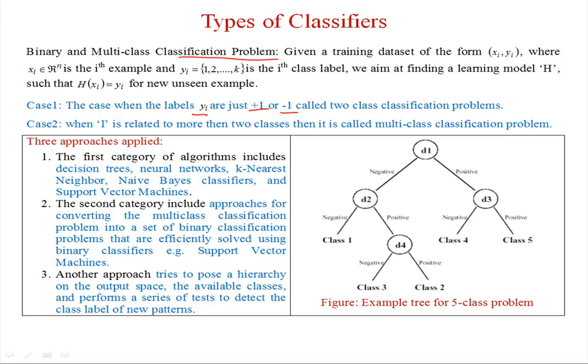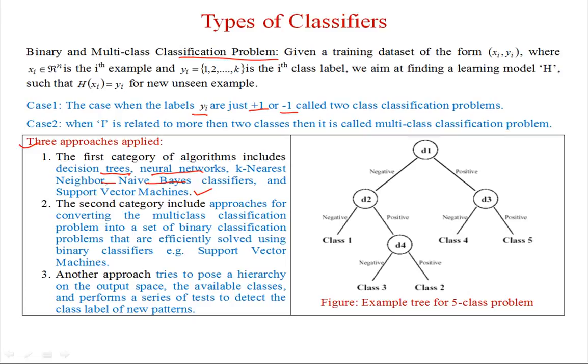There are different approaches applied to multi-class classification. The first category of algorithms includes decision tree, neural networks, k nearest neighbor, naive Bayes classifier, and support vector machine, which can support multi-class classification.